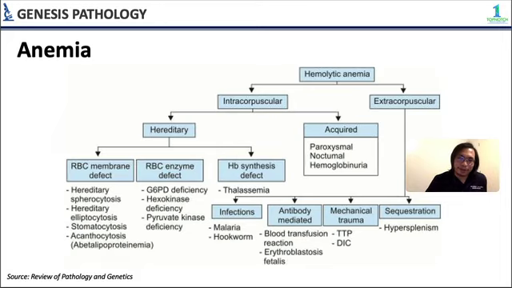Your autoimmune hemolytic anemias. Mechanical trauma, when you have thrombotic thrombocytopenic purpura, you have your DIC, consumptive coagulopathy, as well as your sequestration when you have hypersplenism. Okay? So, that's for your red blood cells.